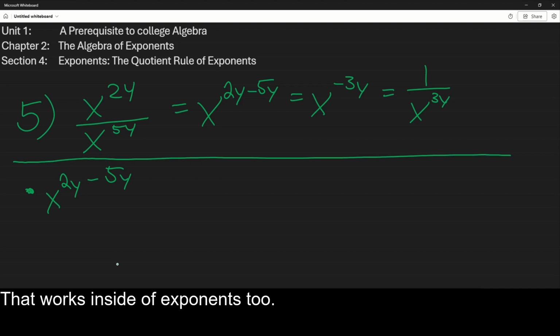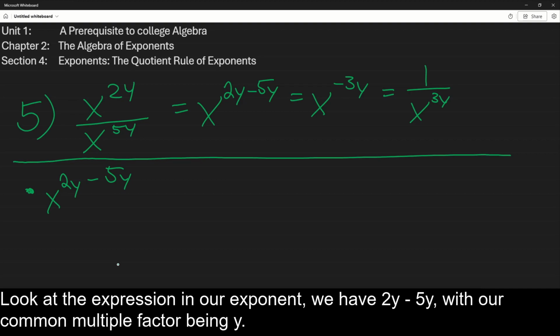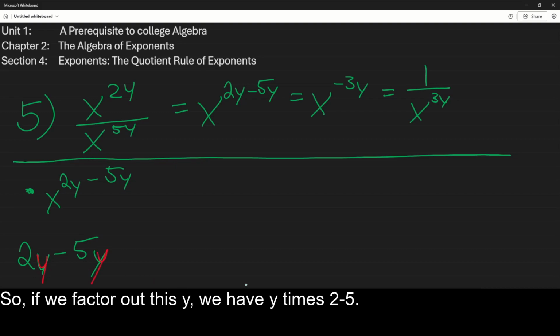That works inside of exponents too. Look at the expression in our exponent. We have 2y minus 5y, with a common factor being y. So if we factor out this y, we have y times 2 minus 5.